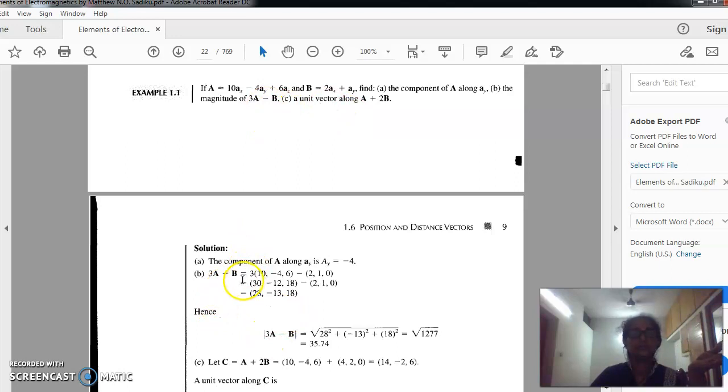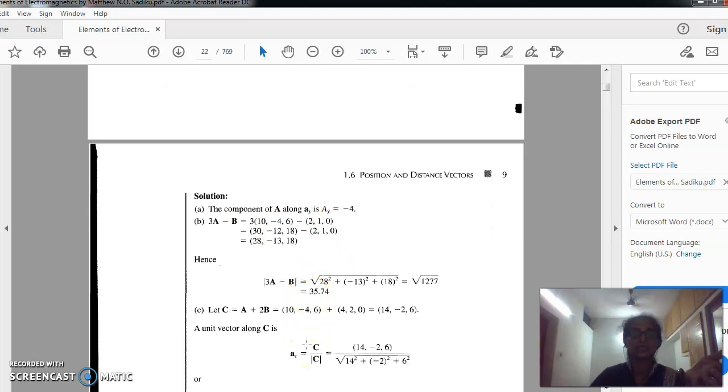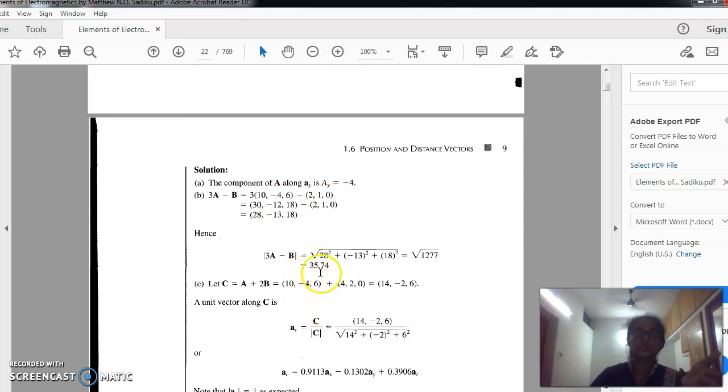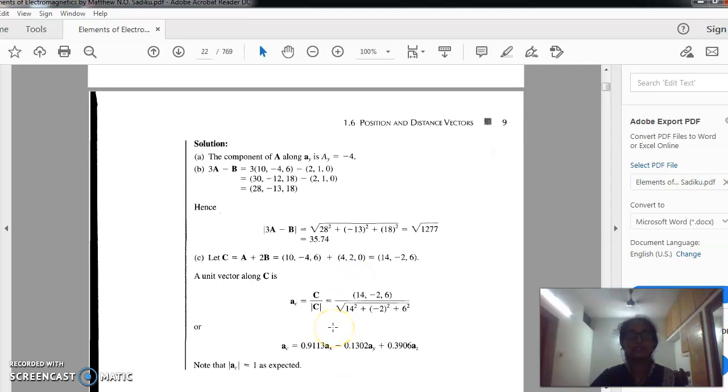Simply multiply the 3 to A, subtract B from that. Then you get 3A minus B. And its magnitude is also found out here. Magnitude is square root of the sum of the squares of the three components. That is computed here. And this is a very simple problem. You can work it out.